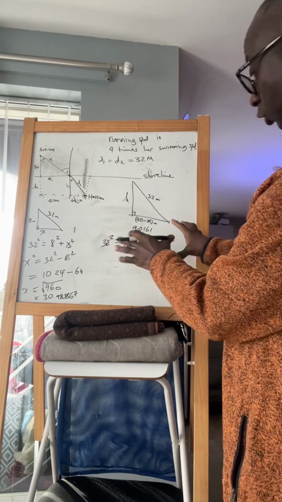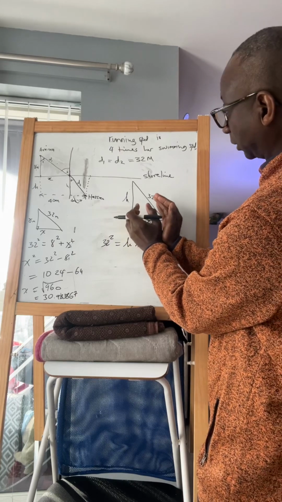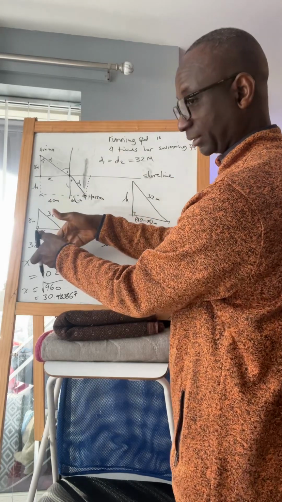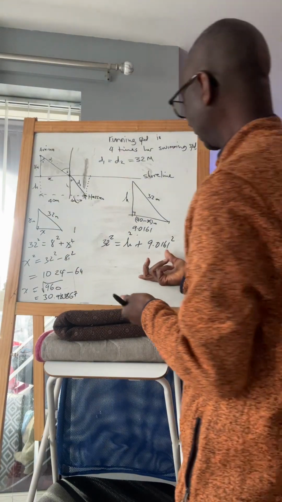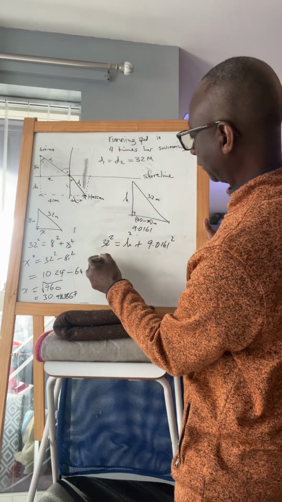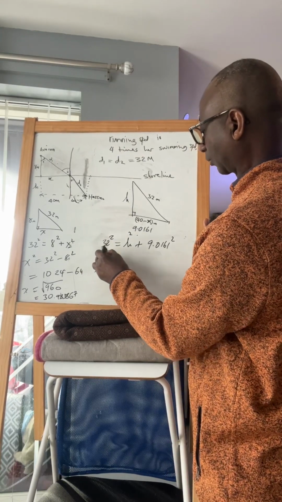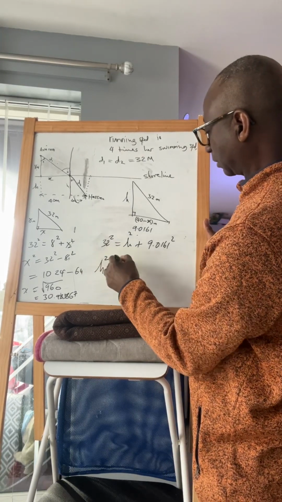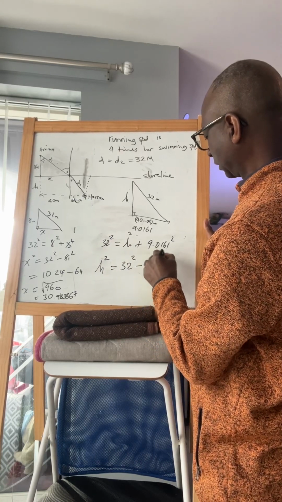I could have just taken the whole of this equation and fitted it here, but it might cause confusion for some people. So now you have h squared equals 32 squared minus 9.0161 squared.